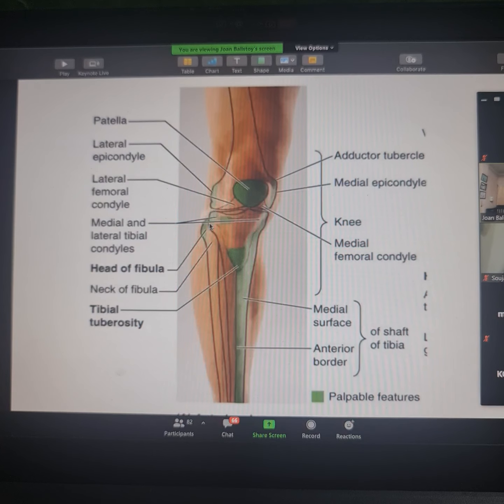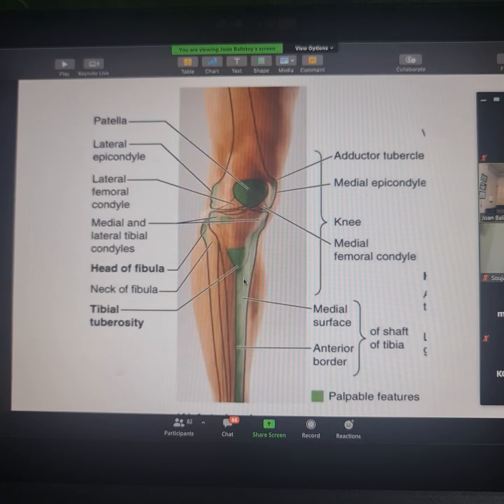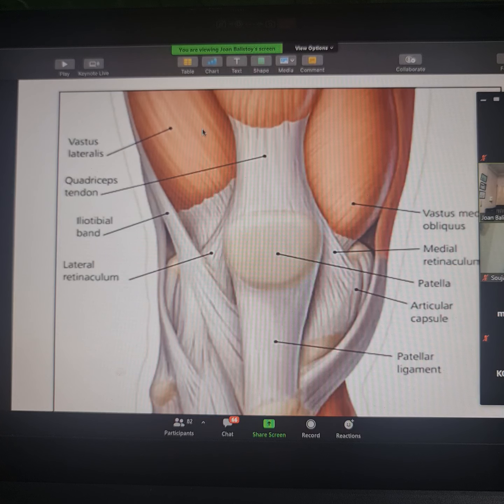So these green ones are the structures that you can actually feel when you touch your knee joint. I encourage all of you to do this, face the mirror, try to touch the knee joint, and appreciate what are these parts of the bone that you can actually see and feel in this area. Now we're done with that.